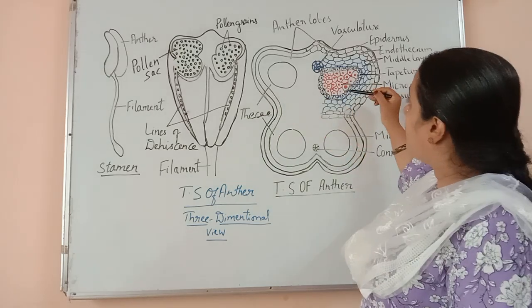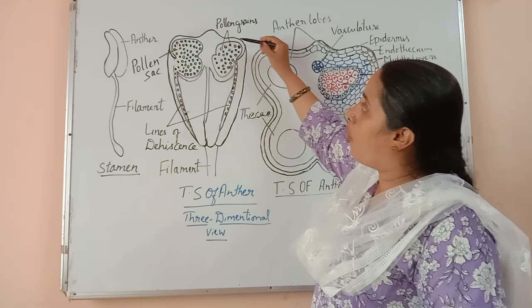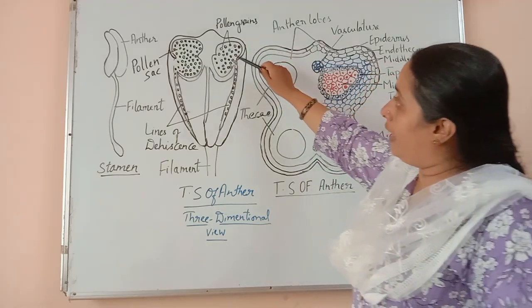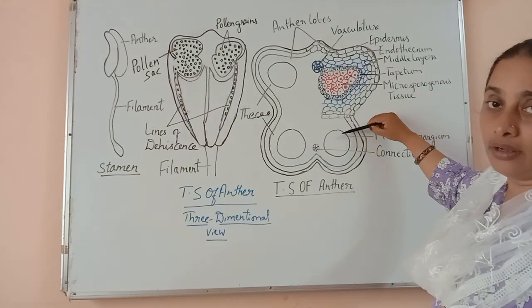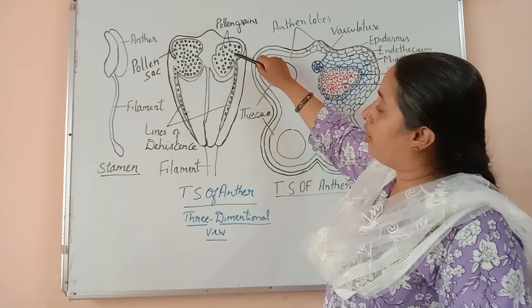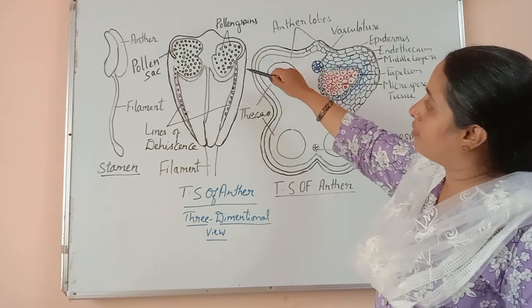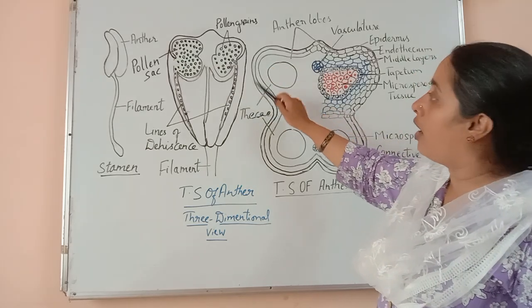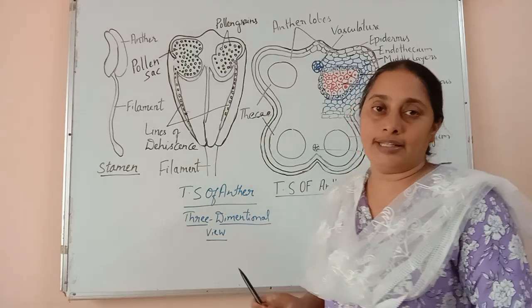At that time, this microsporangium will be called a pollen sac. In each lobe, 2 microsporangia were there in the beginning. Now they unite to form a pollen sac, and from there all the pollen grains are going to be released when the anther bursts open or dehisces.